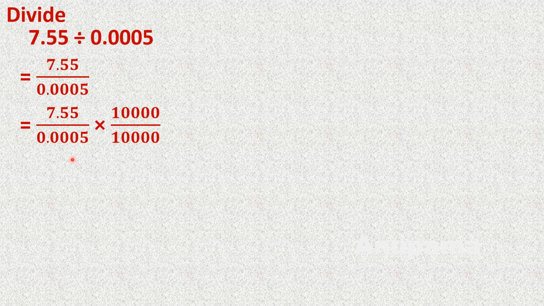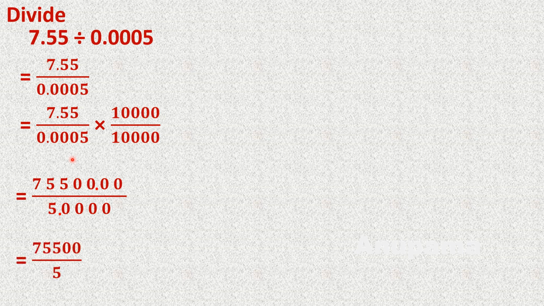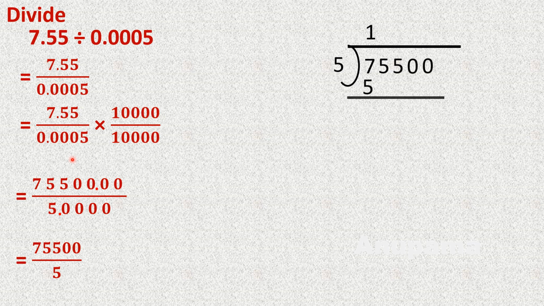So what will we get in the numerator part? We will get 75,500.00, and in the denominator we will get 5.0000, or we can write it like this, 75,500 by 5. Let us divide 75,500 by 5. So how will we divide? 5 ones are 5, minus, it is 2.